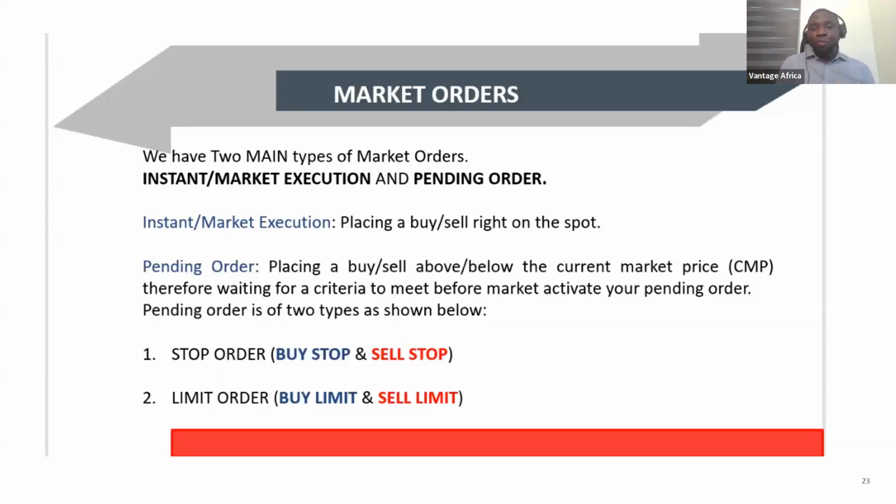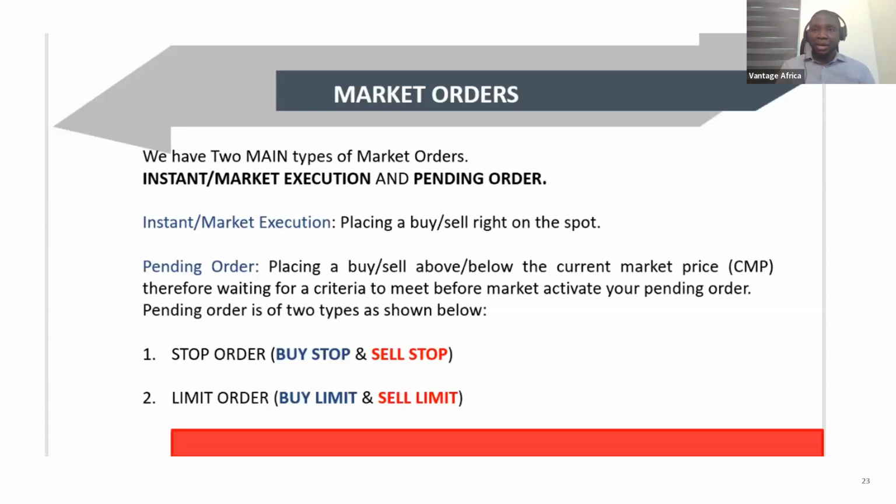Now, instead of waiting and waiting on your chart until the price gets to 1.45 and then placing a buy or sell, you can place an order called a pending order. You instruct the chart that when price gets to 1.45, please execute my trade for me, even while I'm not there. That's why it's called a pending order.